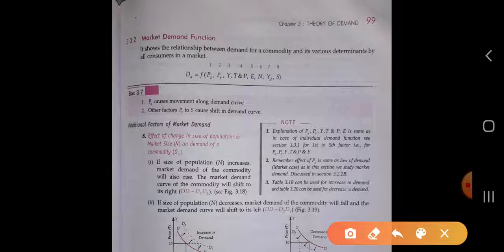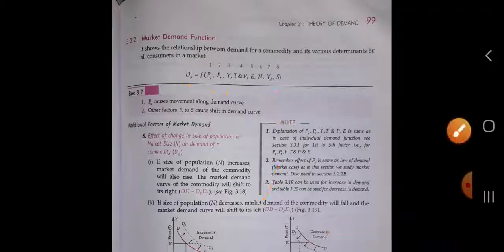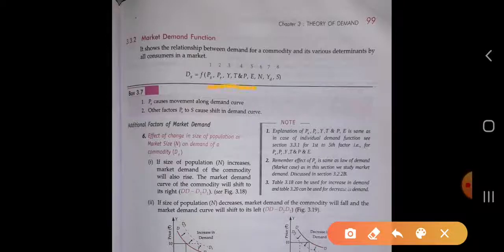So Dx, the demand of the x commodity, is a function of the price of the x commodity, the price of related goods, Y, where Y is income, T and P, taste and preference, E is expectation, N is population, YD is the distribution of income, and S is the season and climate. These are additional factors of the market demand, but we have already studied most of them in the individual demand, up till expectation.